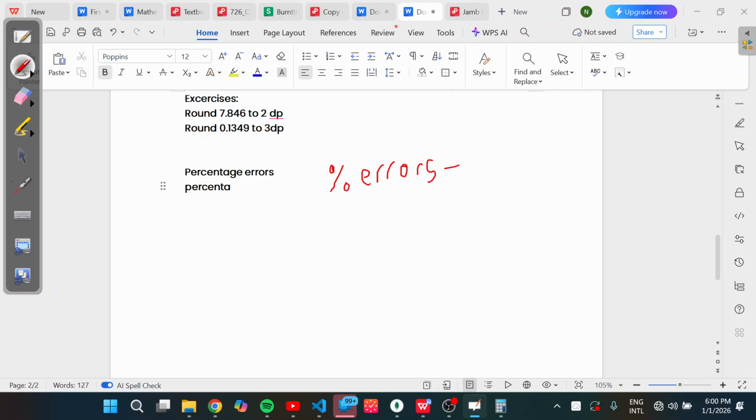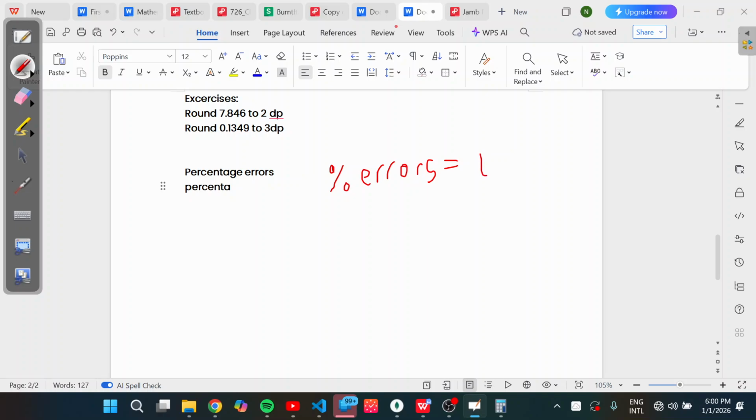So what did I say the definition of percentage errors is? They basically show how much an approximation differs from the exact value, like the amount of difference between the actual value and the approximation that a human made based on their own ideas. It's not the actual value. Okay, so this is the formula you would use.